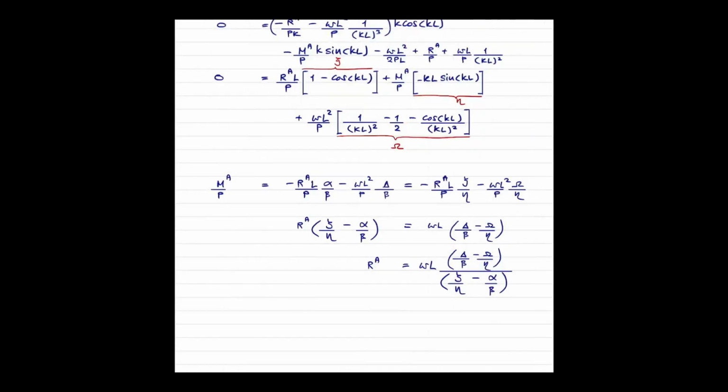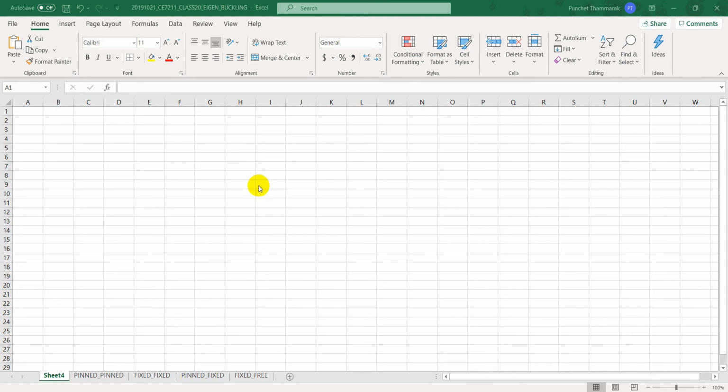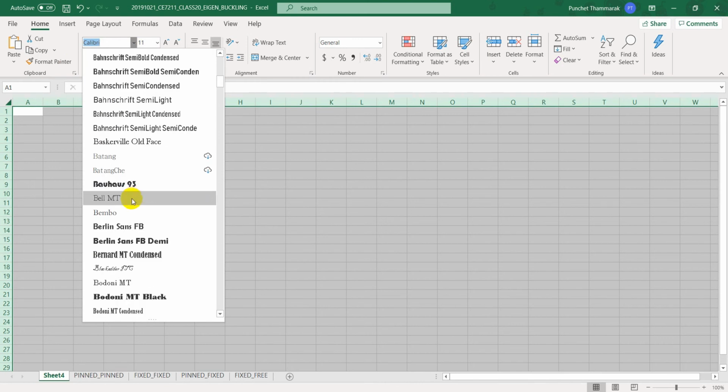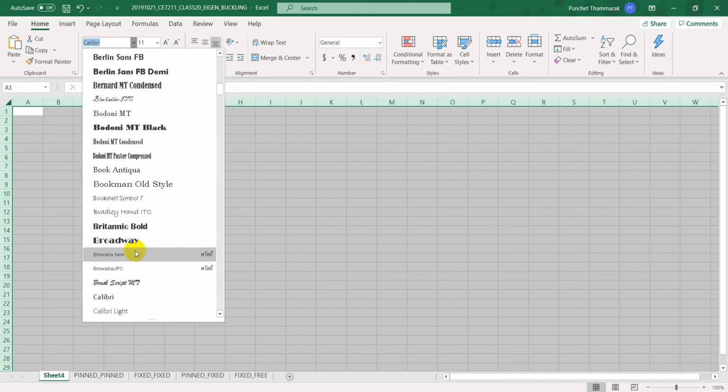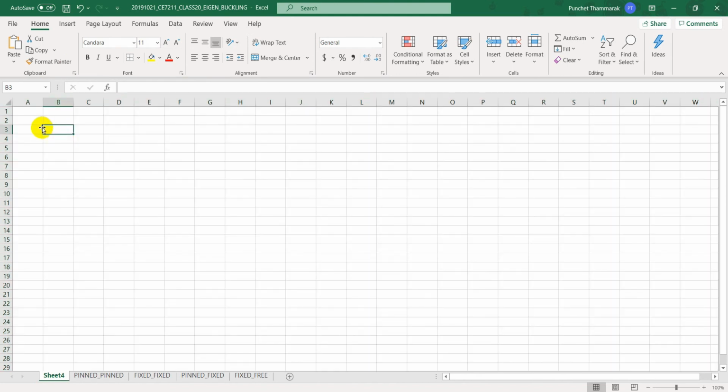Okay, then you substitute later. So we will start with the first part that we derive for the beam under the uniformly distributed load.